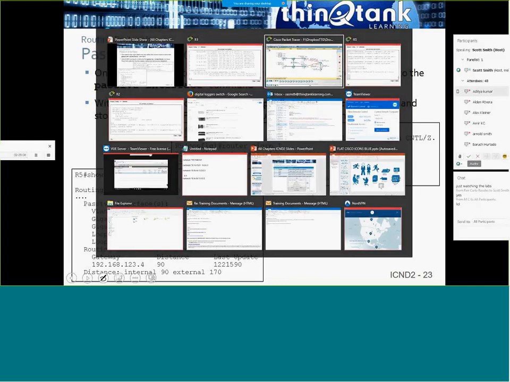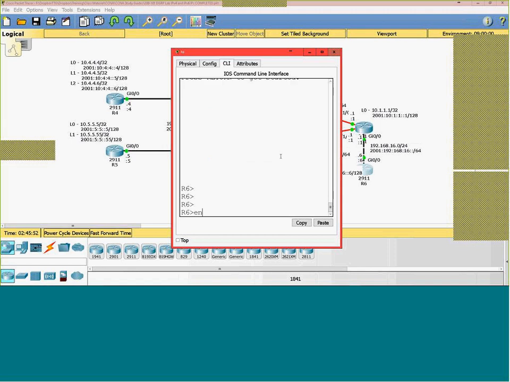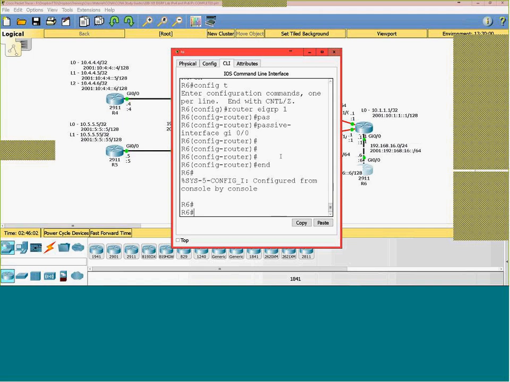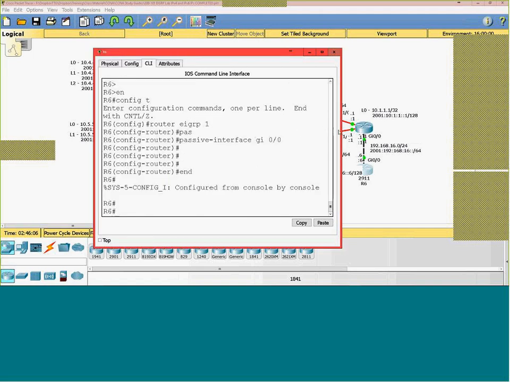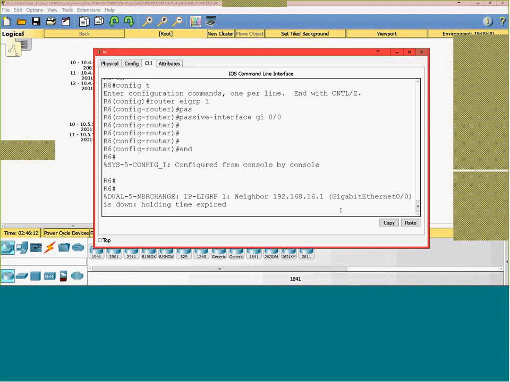So if I, for example, come into router 6 and I go config T router EIGRP 1 and I say passive interface Gi0/0, what's going to end up happening is my neighbor relationship didn't fail because I'm in hold down state now. But after 15 seconds, my neighbor relationship expires.